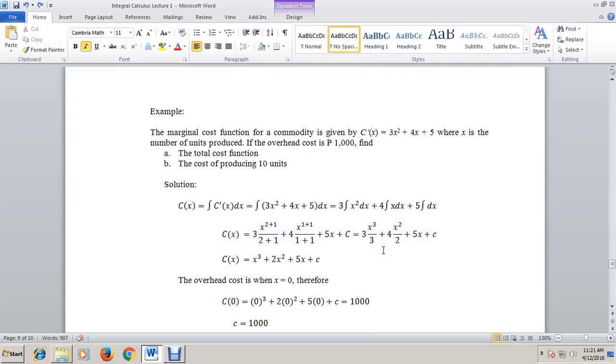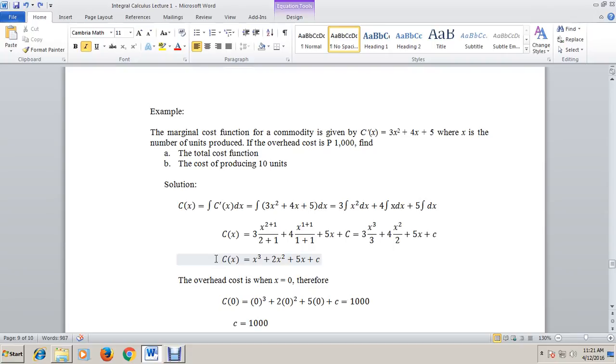Of course, 3 and 3 here cancel each other, so the result would be x cubed. 4 and 2 in lowest terms gives you 2, so you have x cubed plus 2x squared, then plus 5x, then plus c. Now, the expression c of x is equal to x cubed plus 2x squared plus 5x plus c.